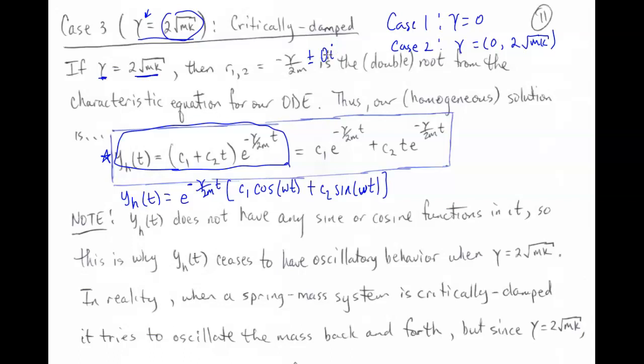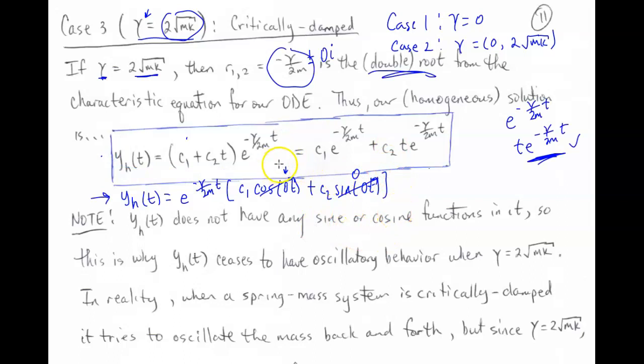So our omega that we saw in cases 1 and 2, now it's 0. So if we replace omega with 0 here and here, then you see that cosine of 0 just ends up being 1, and sine of 0 here just ends up being 0.